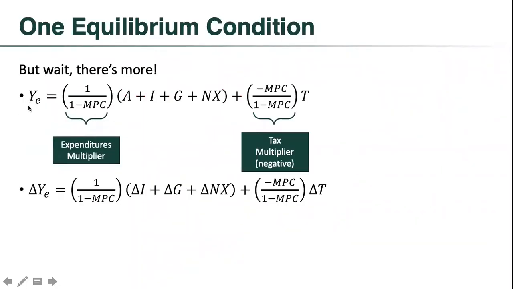What we're seeing here is that y in equilibrium, which is real GDP in equilibrium, is 1 over 1 minus MPC times A, I, G, and NX. And if you remember from a previous lecture, this is the expenditures multiplier. This is that hand-to-hand exchange of dollars effect of a new expenditure, right?